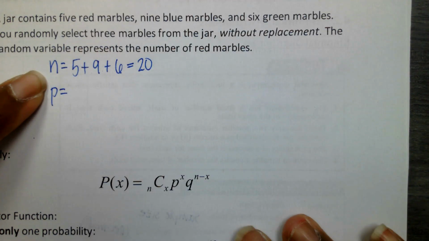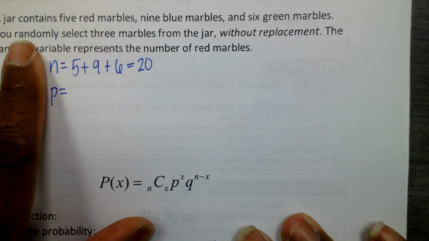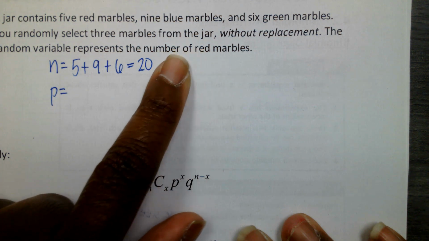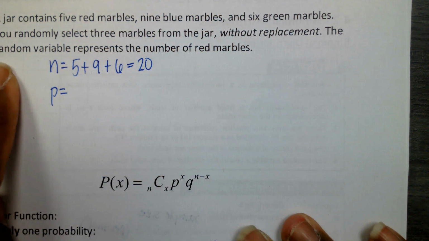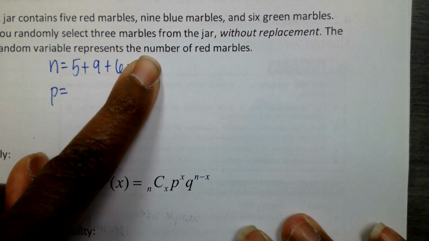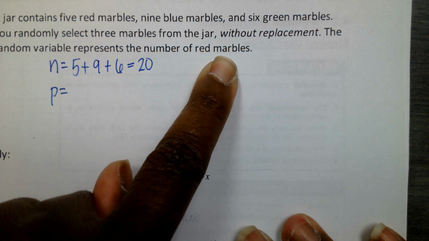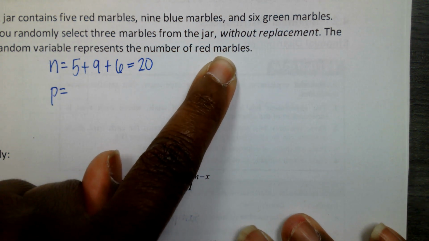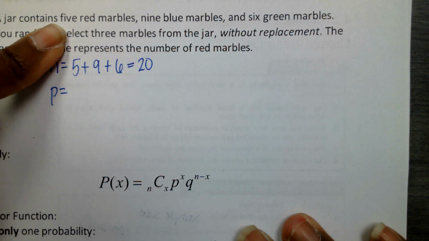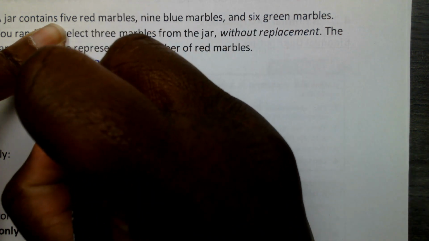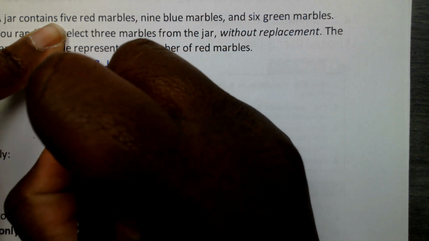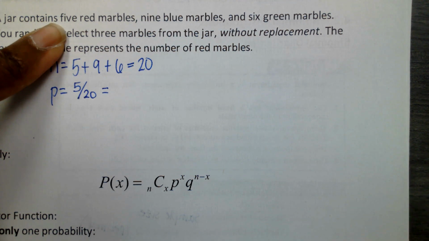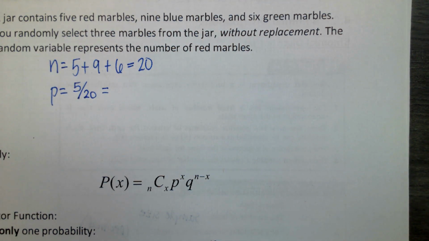Then our P is going to be, what are we looking for specifically? The random variable x represents the number of red marbles. So how many red marbles do we have? We have 5. So 5 red marbles out of the 20. That gives us our percentage. Sometimes they won't give you your passing rate.